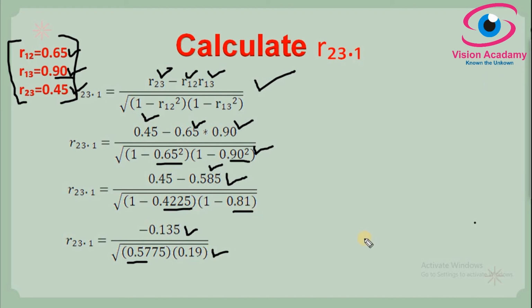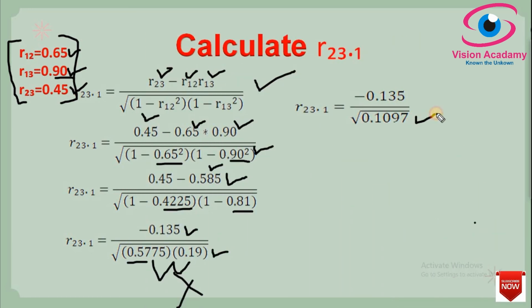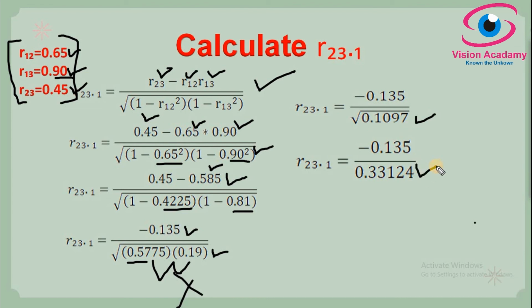So I will go to the next simplification, where we have to multiply these two values. When we multiply these two values, we get 0.1097, and we have to take the root of it. When we take the root of 0.1097, we get a value of something like 0.33124.